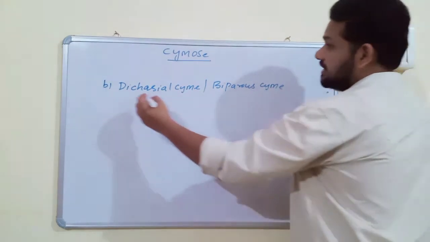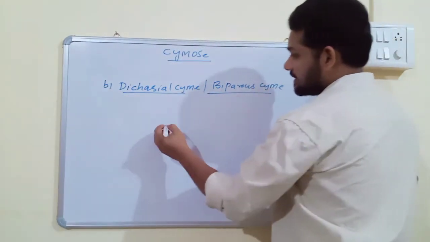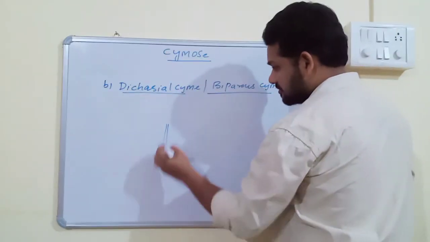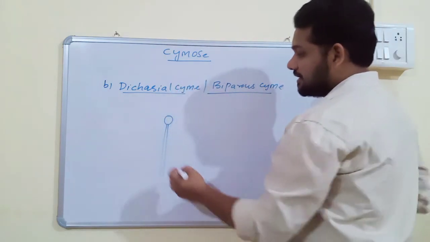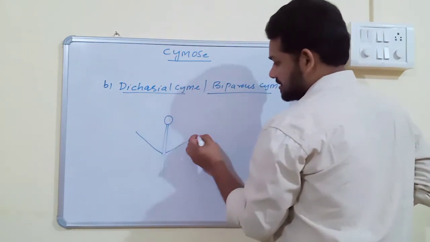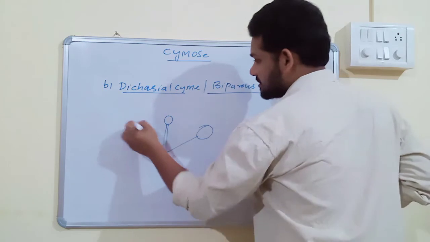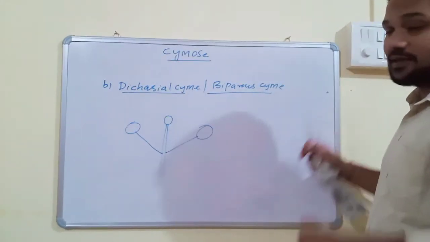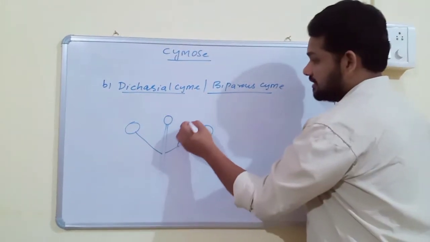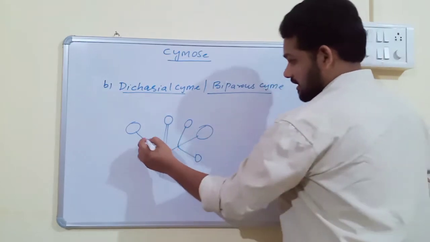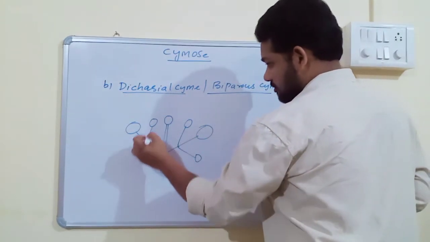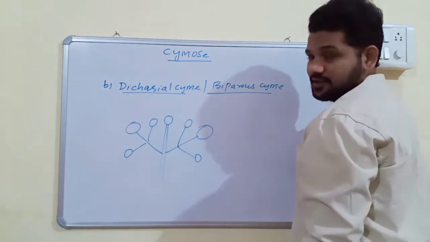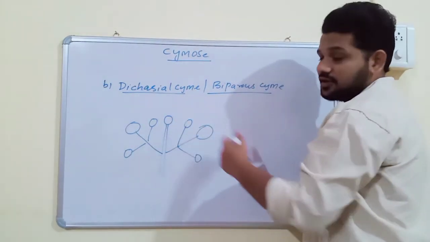The tip of the mother axis terminates with a flower and produces only two lateral branches. The tips of the lateral branches also terminate with a flower, and the process is repeated some times, with these two lateral branches also producing only two lateral branches.